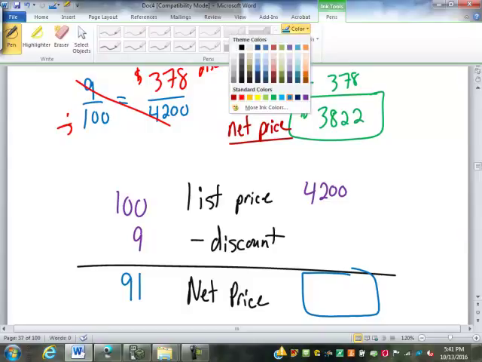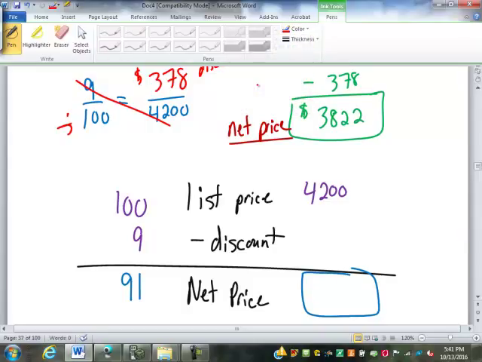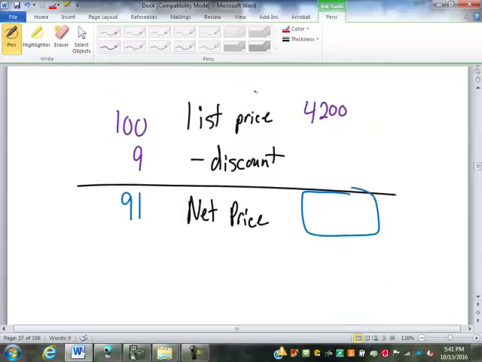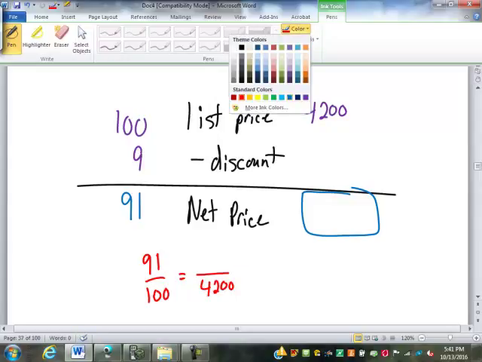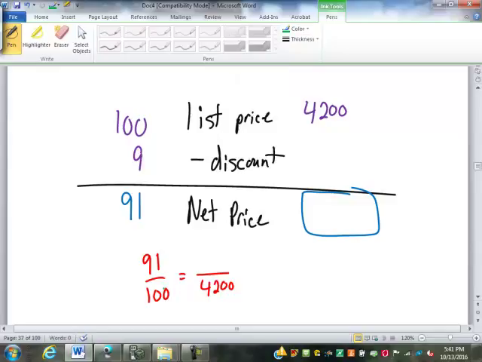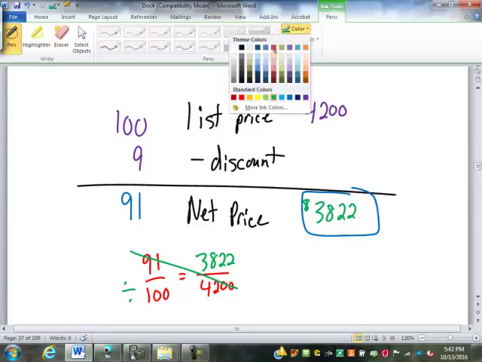Now we've looked at the rate method, and we're going to look at the rate method of percents a little bit more as we go on. So far what we've done mostly with our percents is we've done proportions. We would have done, okay, 91% is 91 out of 100. The 4,200 goes with the 100%, and cross multiply and divide to get our 3,822, which goes in there.